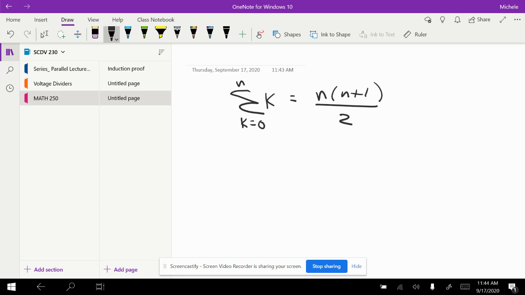So what we're going to do is show our theorem, and we're going to do the basis. But first, we're going to say by mathematical induction on n, and we're going to do the basis first.